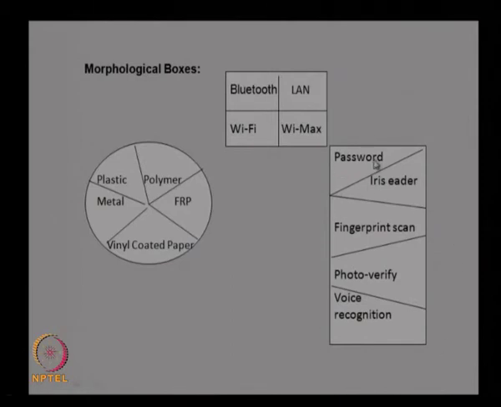So you can use password, iris reader or fingerprint scan or photo verification or voice recognition, and similarly for networking you can use Bluetooth or LAN or WiMAX or Wi-Fi, and for the authentication we can use plastic cards or vinyl coated paper or FRP as input devices. So these are the options shown for various functions, and we can choose any one of these and make a combination of these to get the instantiated physical architecture.